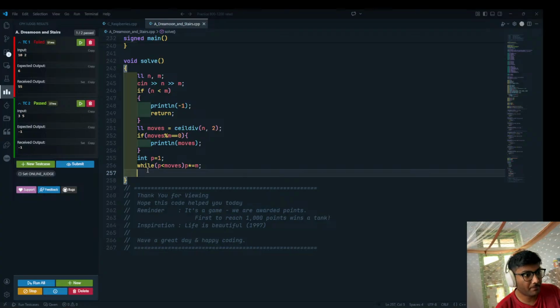So maybe int r1 equal to maybe minimum, or I should say this p div p and 2, just higher multiple and then print.